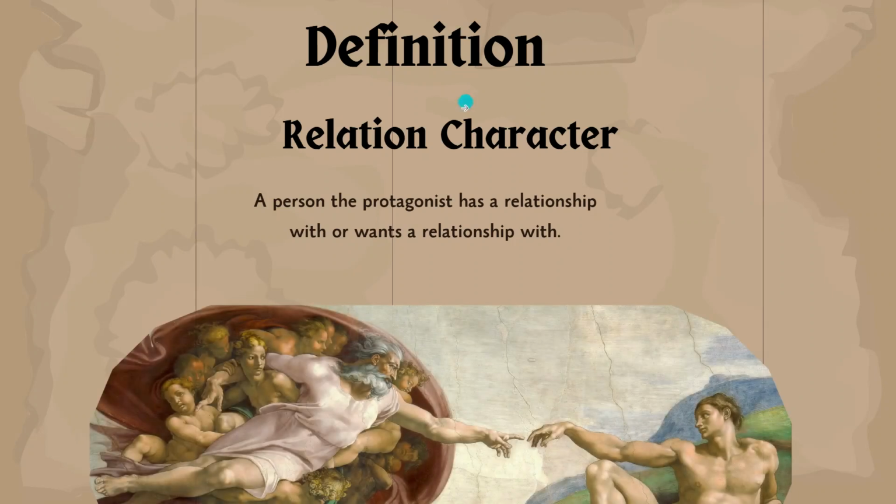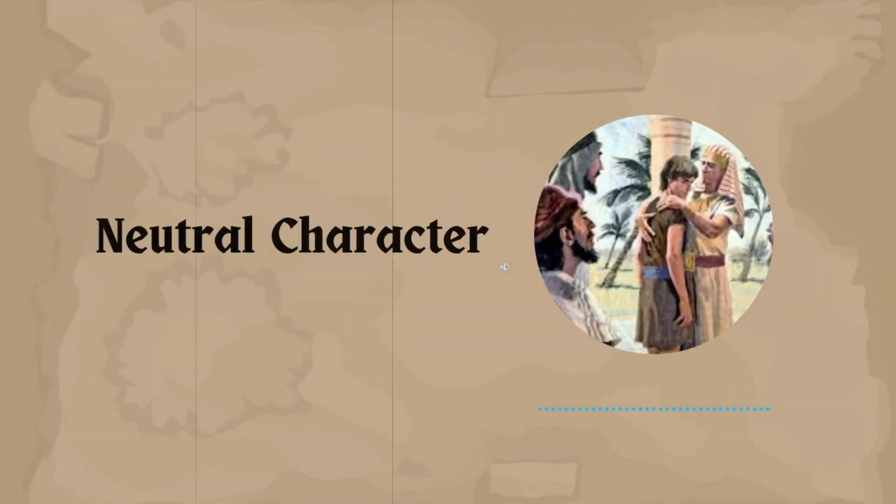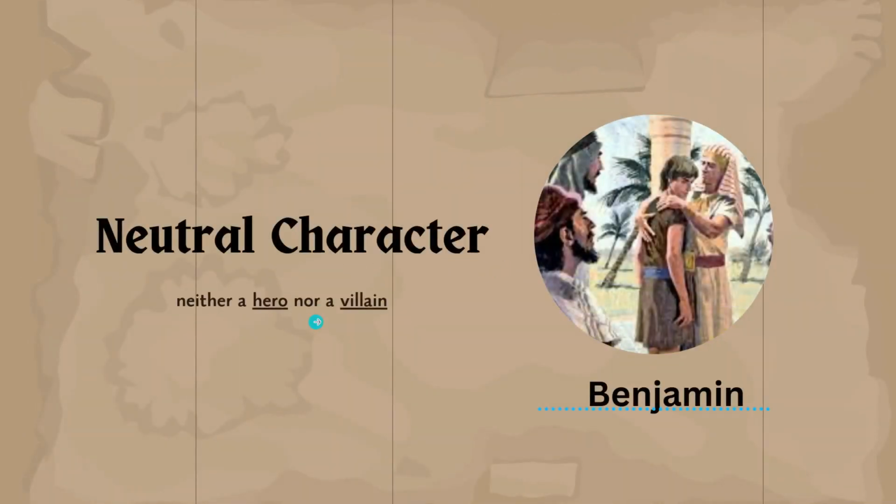And the definition of a relationship character: a person that a protagonist has a relationship with or wants a relationship with, but this character doesn't sabotage like the other characters. Just a neutral character, neither a hero nor a villain, like Benjamin. So Benjamin went with the flow.